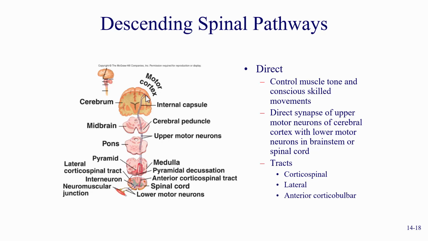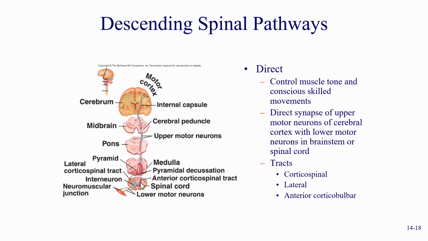The precentral gyrus is going to go through the internal capsule. Again, those upper motor neurons will go through the cerebral peduncles, then through the pons, and then when we get to the medulla, some of these fibers are going to cross over at the pyramidal decussation, and others are going to continue down on the same side through the anterior corticospinal tract.